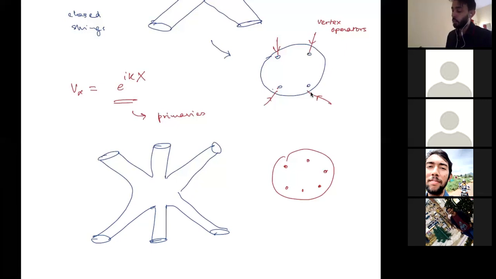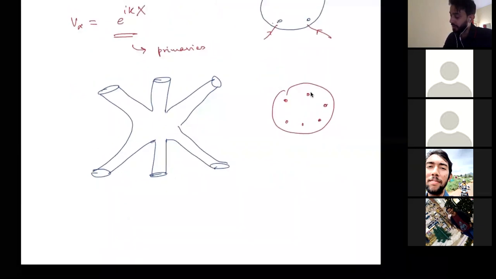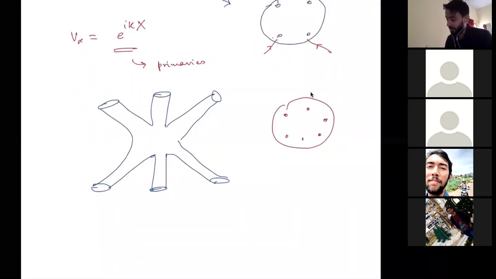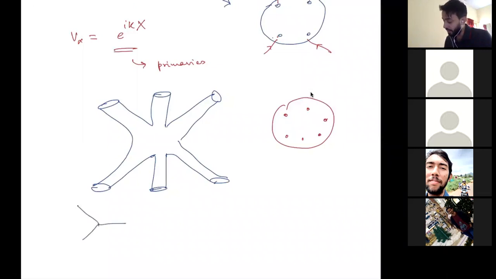So that is what happens when you're looking at tree amplitudes, or tree diagrams. But in string theory, or any such thing, you can think of a field theory amplitude that looks like this. It's a phi cube theory here, but okay, something like this.